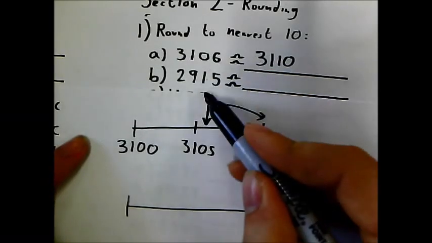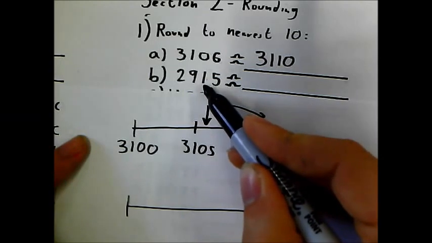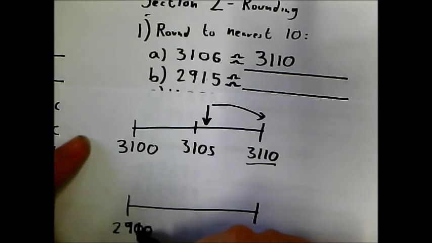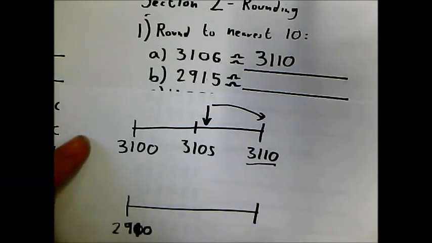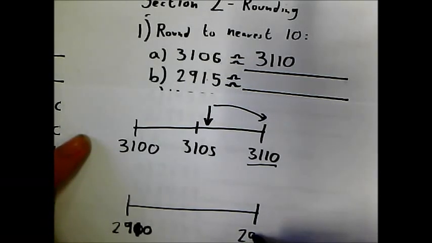So looking at the tens column, because I'm rounding to the nearest 10, it's either going to round down to 2,900, or it could round up to 2,910.